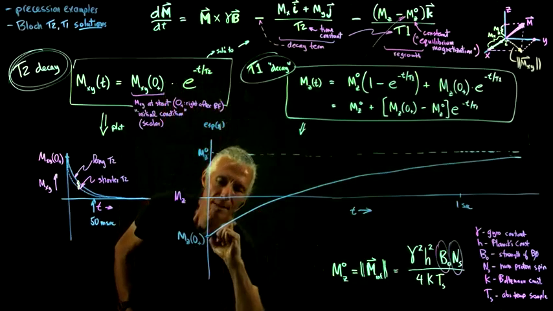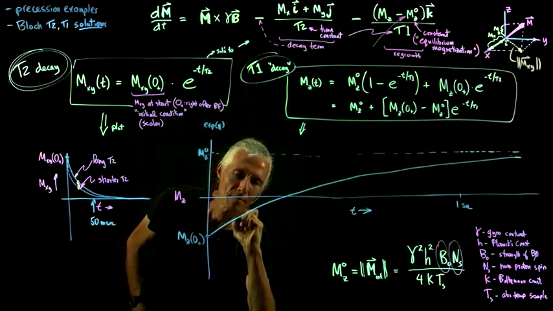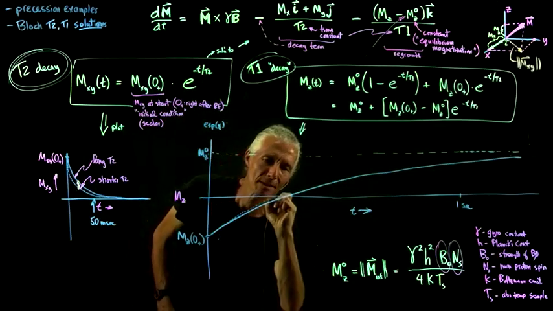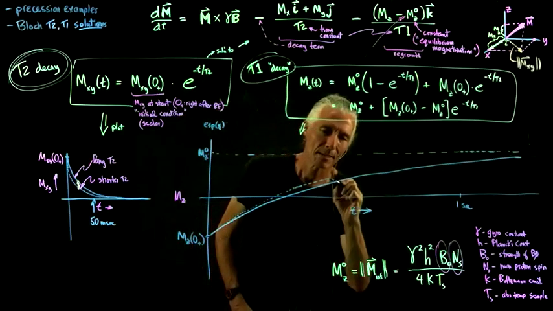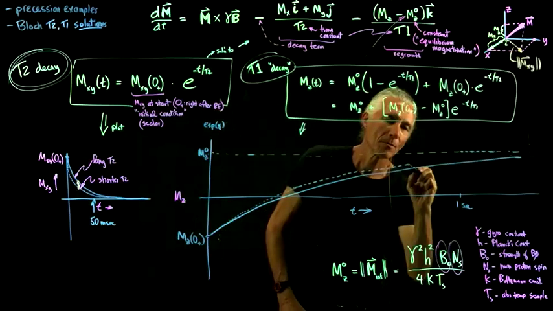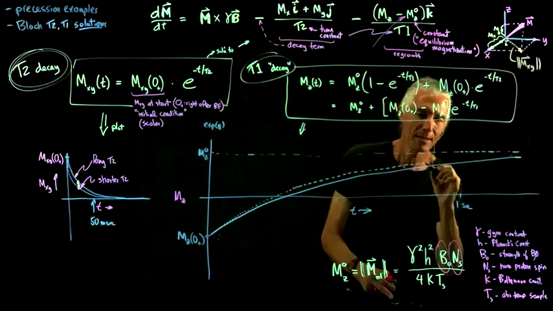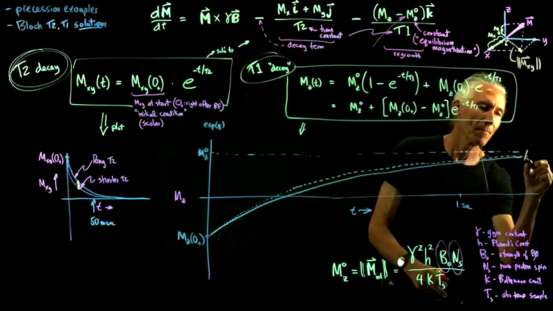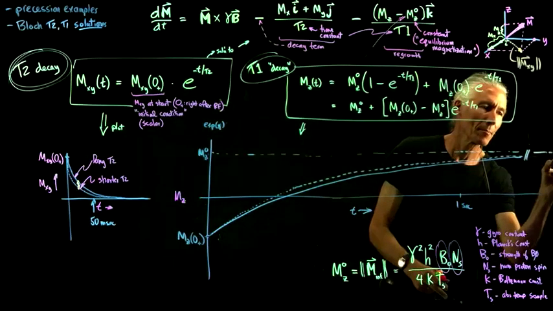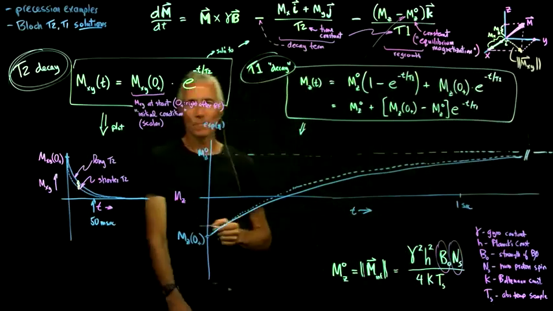They'll start almost on top of each other, and then slowly over time this guy's recovering a little quicker. But because of this equation down here, they eventually both end up exactly at mz0.